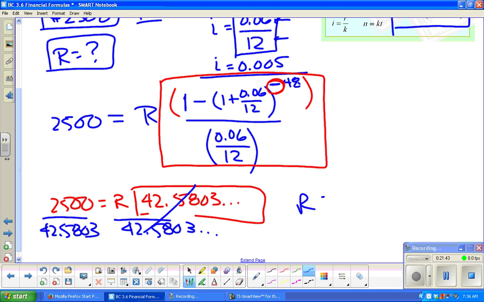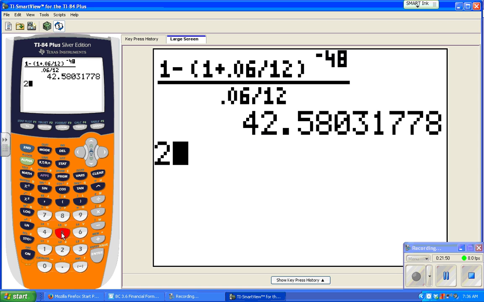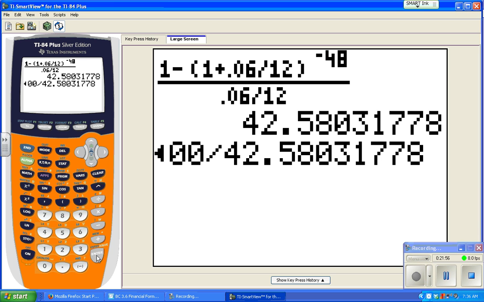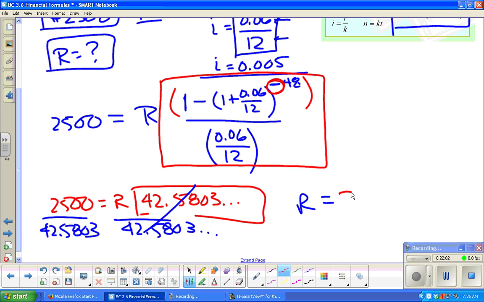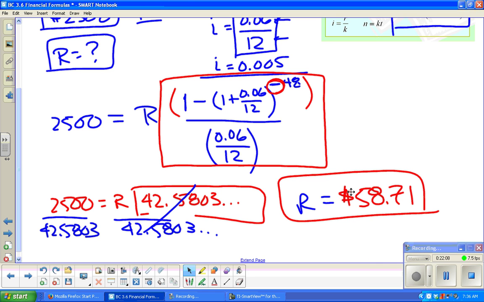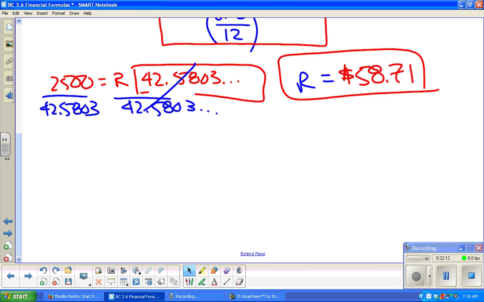Okay, so R is going to equal 2,500 divided by that answer. So 2,500 divided by that answer equals 58.71. $58.71 per month.